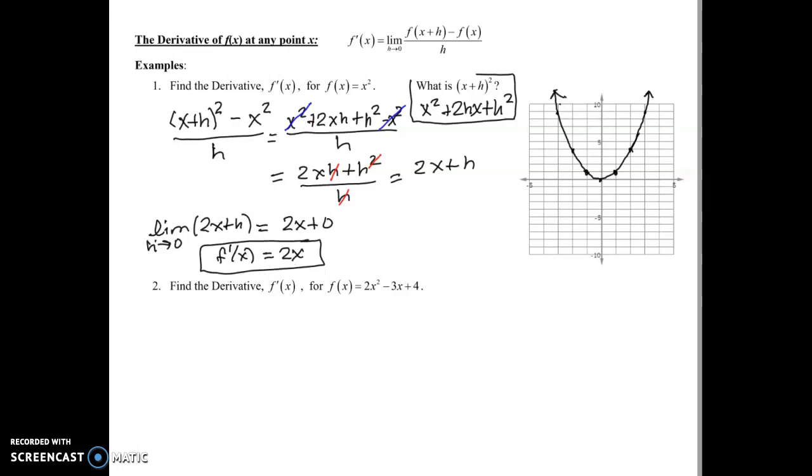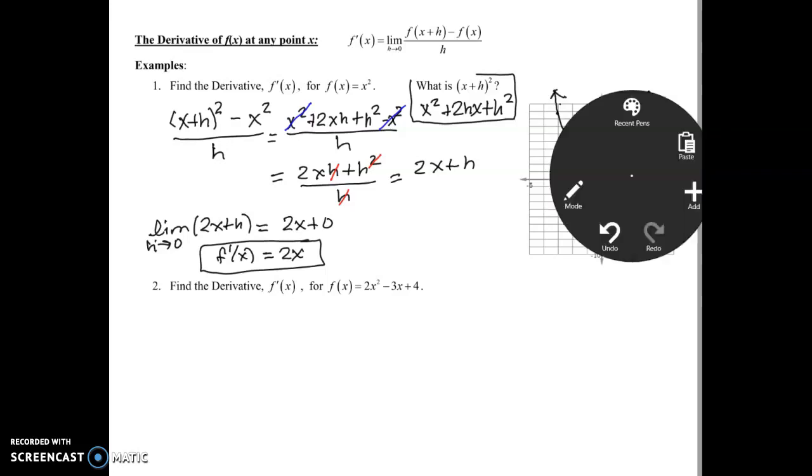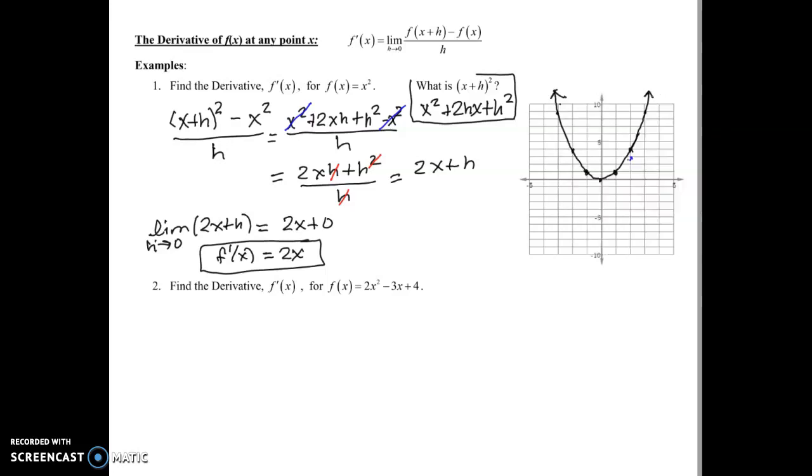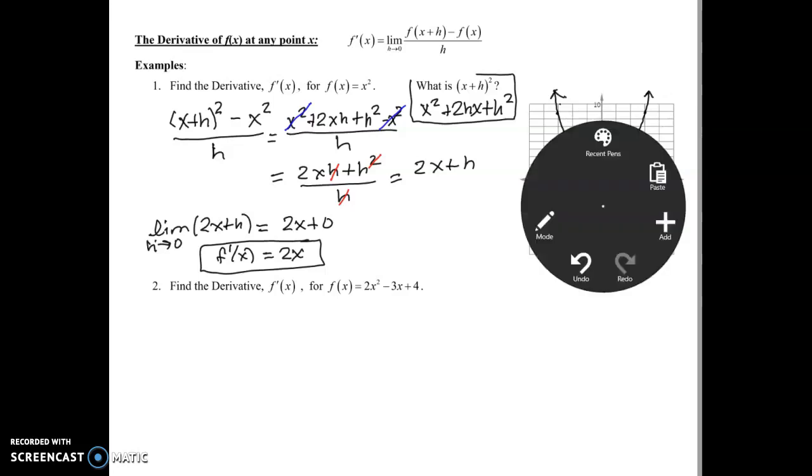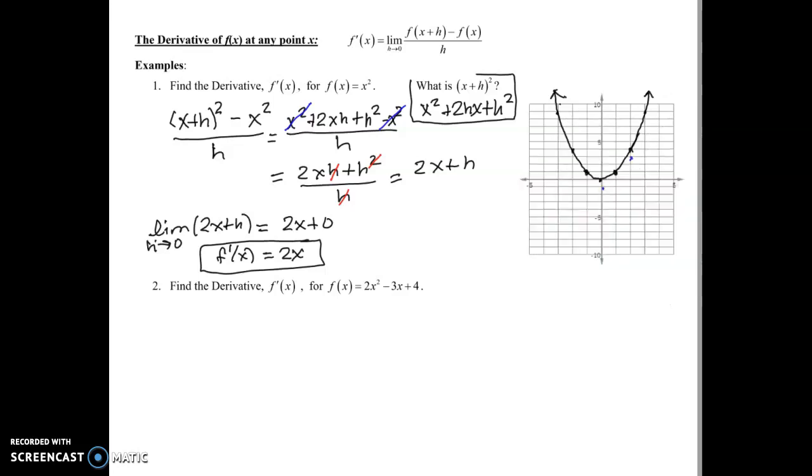So that means the slope of my line at x equals 1 is 2. So if I draw that on here, rise 2, run 1, down 2, back 1, right? Here is my tangent line.